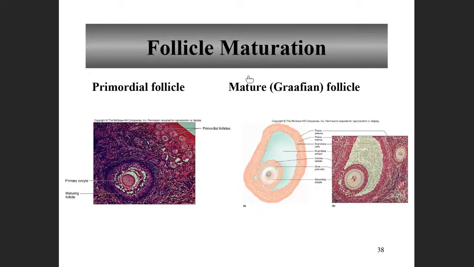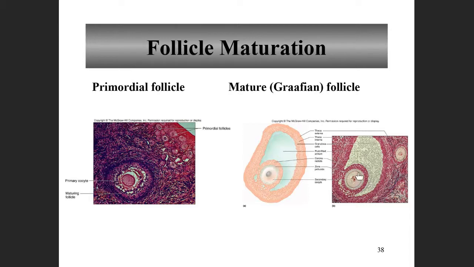All right. Now, you can see that the primordial follicle gives rise to the primary follicle, which gives rise to the secondary follicle. Inside, you have the primary oocyte, which eventually will give rise to the secondary oocyte, like this.